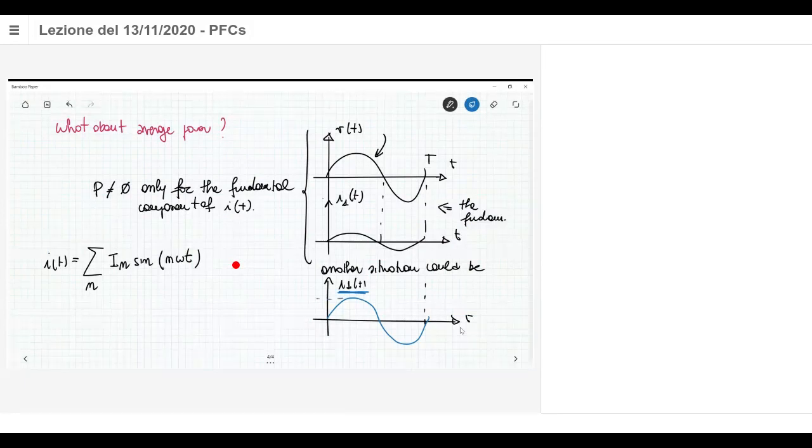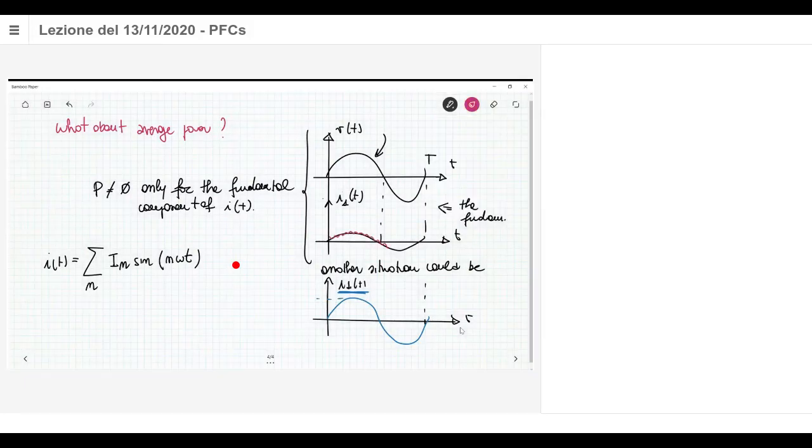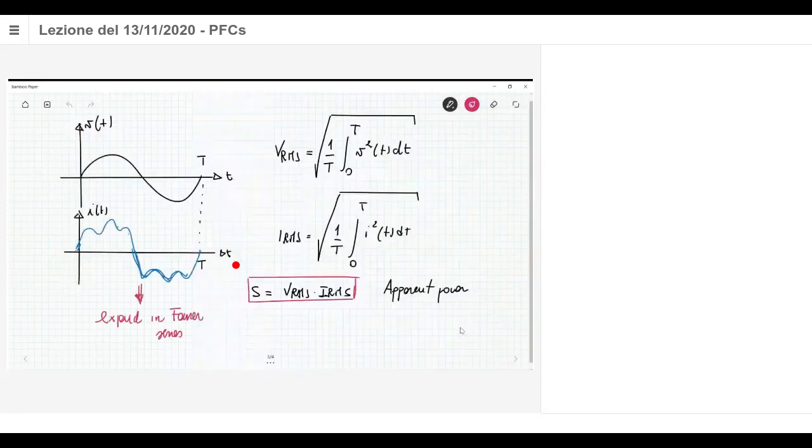Now the average power that you compute by multiplying V(t) and I1(t), the fundamental component, the blue curve, is larger than the power that you have with the red curve here. Of course, you have to understand that the root mean square value of the fundamental component is lower than the root mean square value of the overall current I(t), which is expressed by this current waveform.